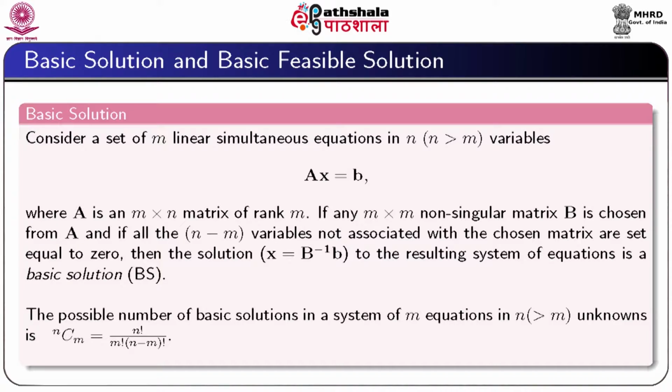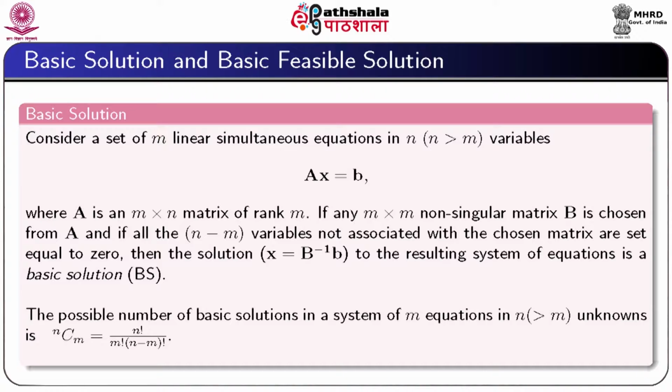If any m by m non-singular matrix B is chosen from A, and if all the n minus m variables not associated with the chosen matrix B are set equal to 0, then the solution B inverse b to the resulting system of equations is called a basic solution.